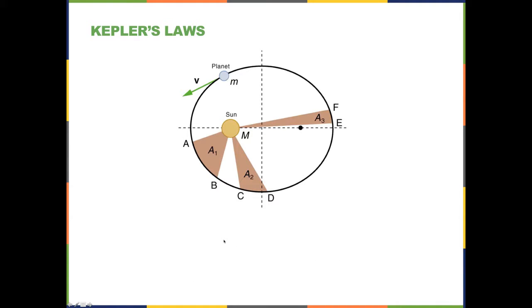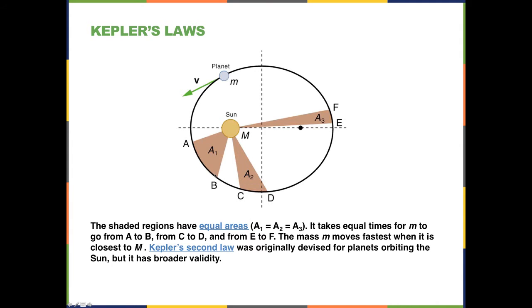Now the second law has to do with these various areas, A1, A2, and A3, and the path that the planet takes. The shaded regions are regions of equal area. The first is here, the second is here, and the third is here.